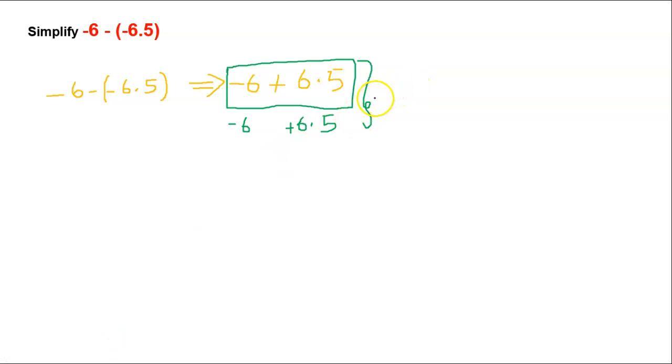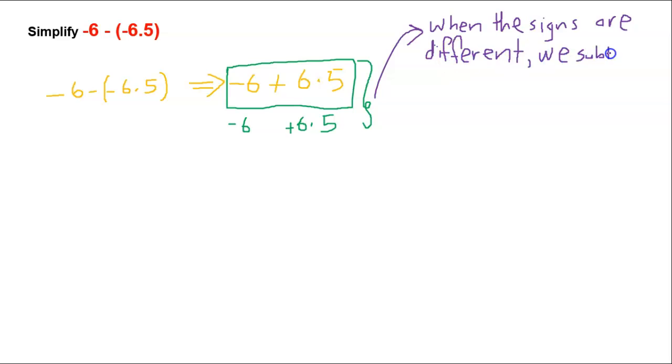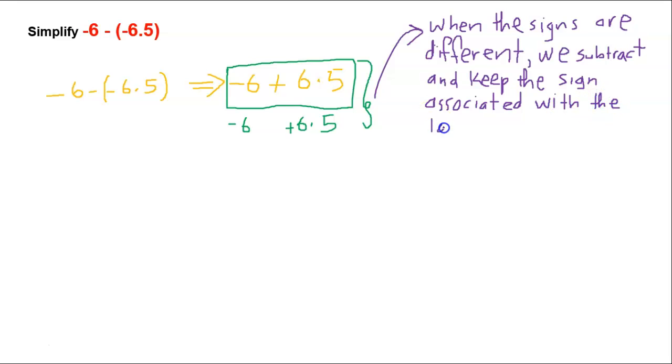When the two signs are different, we subtract and keep the sign associated with the larger number.